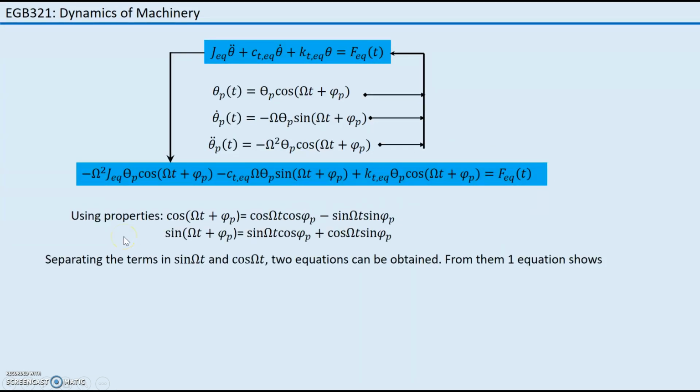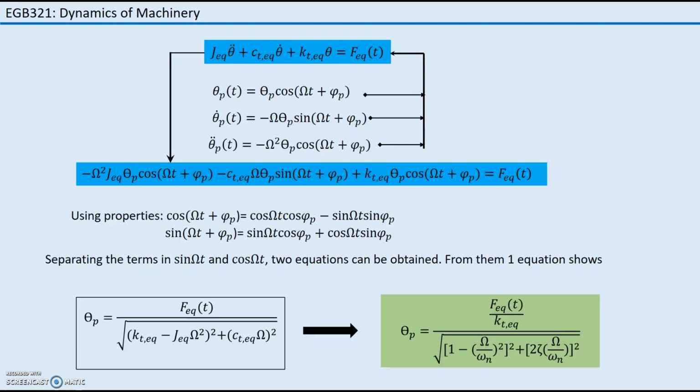Then, using properties of cos(omega t plus phi p) and sin(omega t plus phi p), and separating the terms in sin omega t and cos omega t, two equations can be obtained, and one of them shows this kind of form.